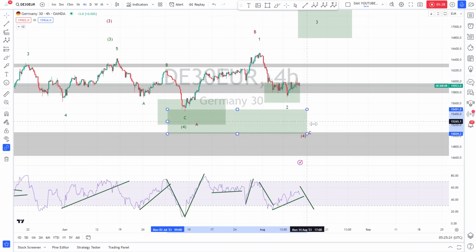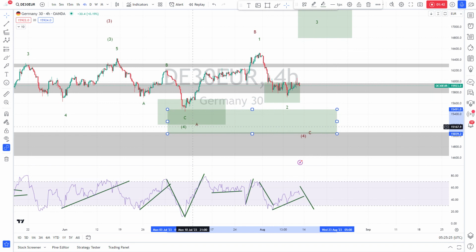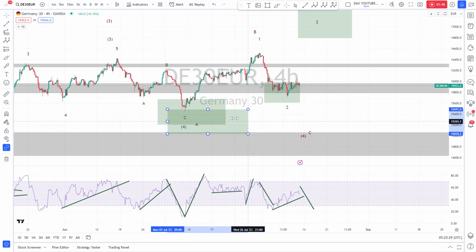But of course, for a wave 4, we should stay into this area here. This is the area where our wave 4 is expected to end.